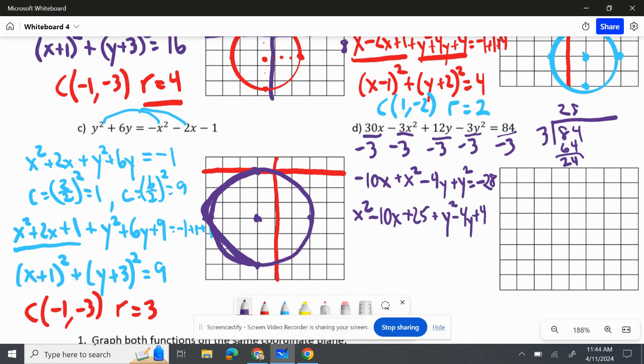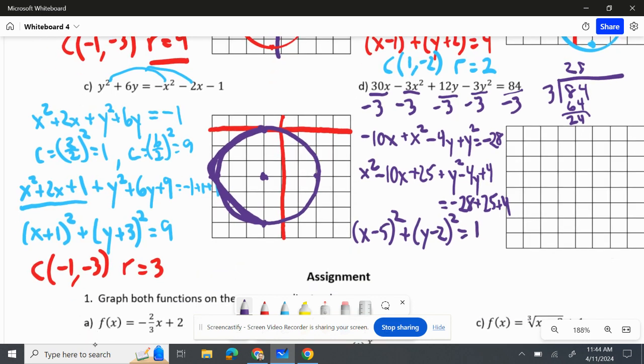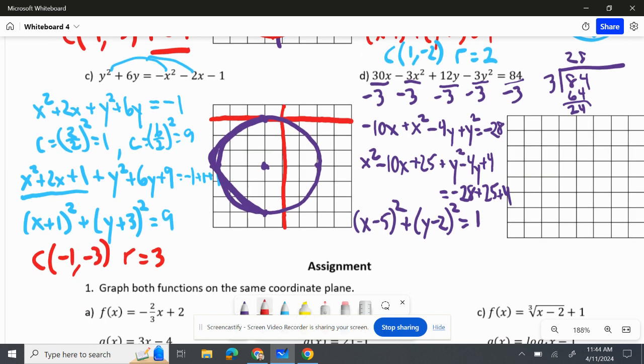Let's move that over a little bit. -28 plus 25 plus 4. So when I factor it, I get x minus 5 squared plus y minus 2 squared equals 1. So my center of the circle is going to be 5, 2, and my radius is going to be 1.